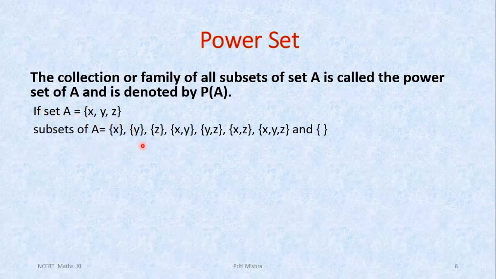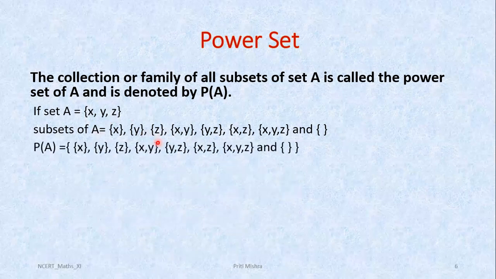We can write its subsets like this: the single elements, then the pairs of two elements, the set itself, and the empty set. You can see here we have a total of 8 subsets for this set A, and we can write all these subsets as elements within braces, then it will give us the power set for set A.